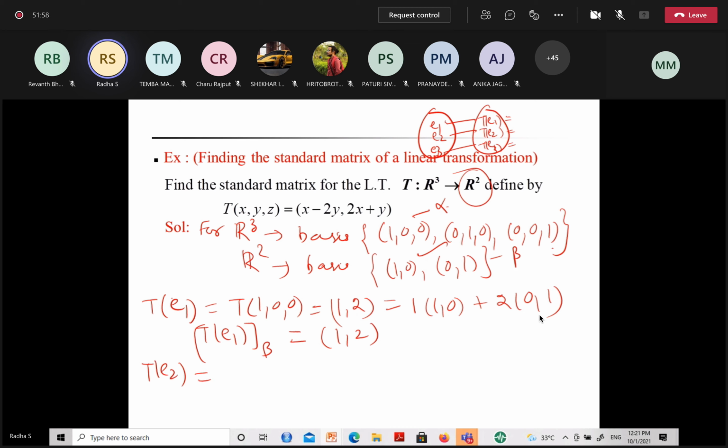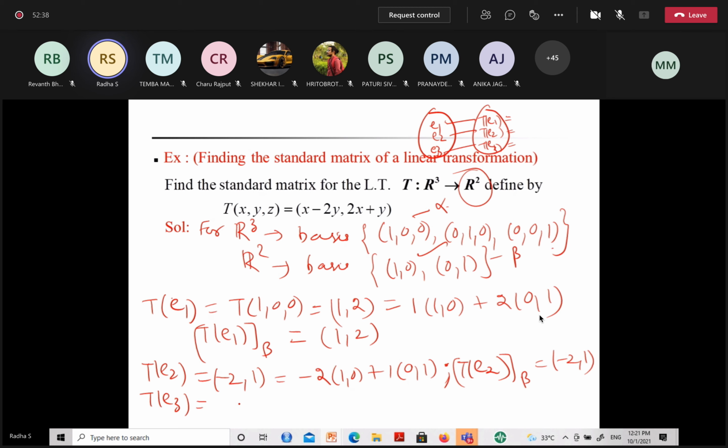Find T of E2. It is minus 2, 1. So it is minus 2 times 1, 0 plus 1 times 0, 1. I'm using a semicolon, just like a command separator, a line separator. So T of E2 with respect to beta is minus 2, 1.